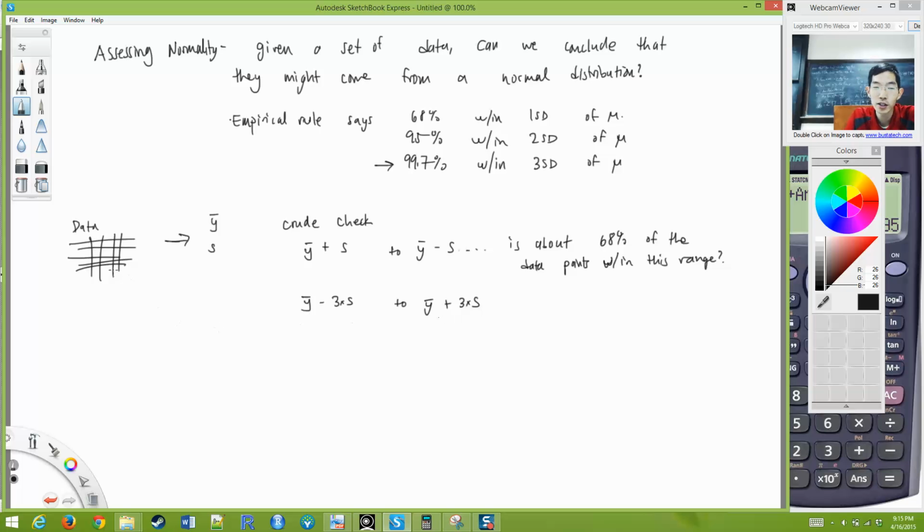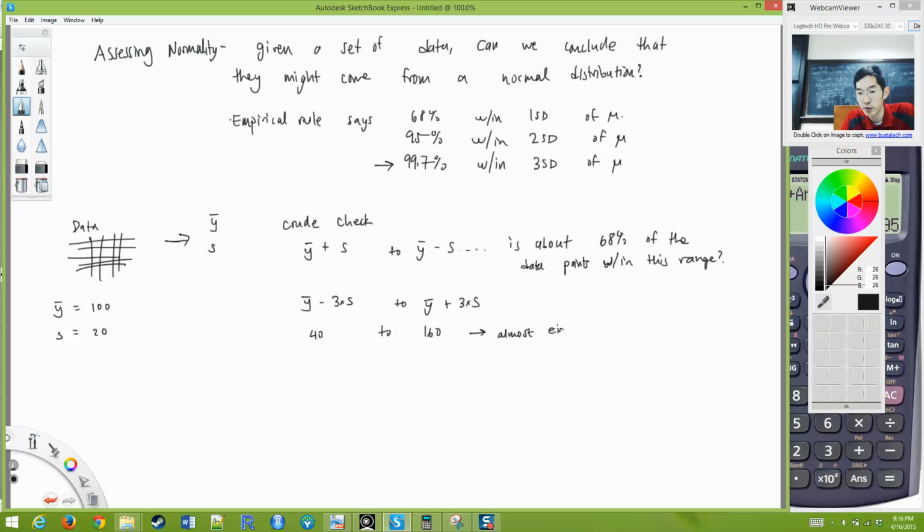So let's say you gather your data, you take the mean, and you get a mean of 100, and you get s is equal to 20, okay? You plug it into some summary thing, you get summary statistics. And so what it says is that if I go 3 standard deviations below, each standard deviation is 20, so if I go from 40 to 160, that should cover almost everyone, right?